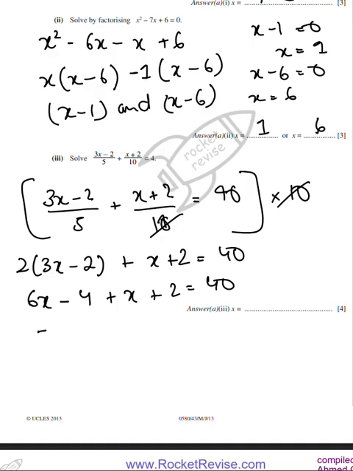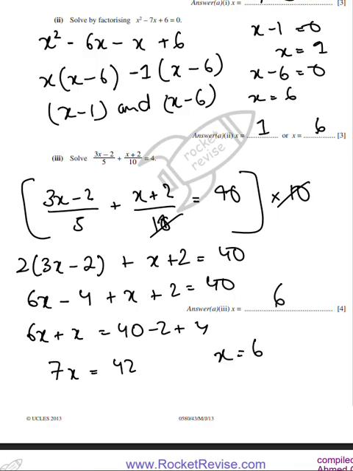X terms on one side: 6x plus x equals 40 minus 2 plus 4. 7x equals 42, x equals 6. That's the right answer.